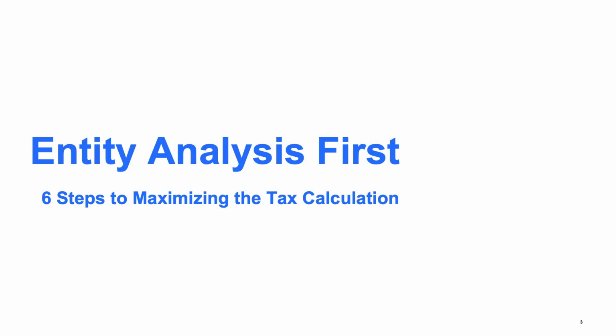When we're doing tax planning and you're working with a business owner client, I recommend to always start with an entity analysis first. That's going to start as the framework for your tax plan. You want to evaluate whether the entity they're in currently is optimal for their situation, or if they would be better off in an alternative.